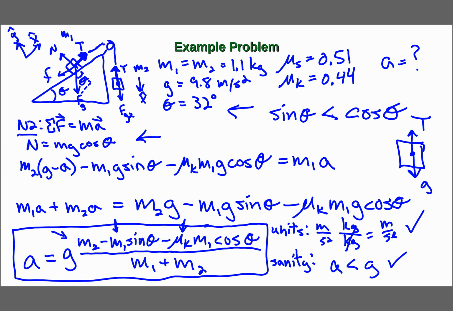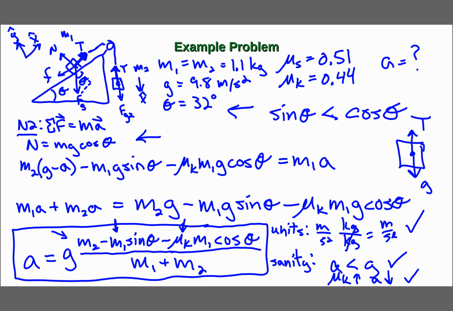The only other thing that we might look at is, see, mu K only shows up once in here. And we see that as mu K gets bigger, A gets smaller. That's the way it's in the equation. It's a minus over here. So the bigger I make it, the smaller I make A. And that makes sense. If I apply more and more friction to block 1, I just slow the system down more and more. So that makes sense.